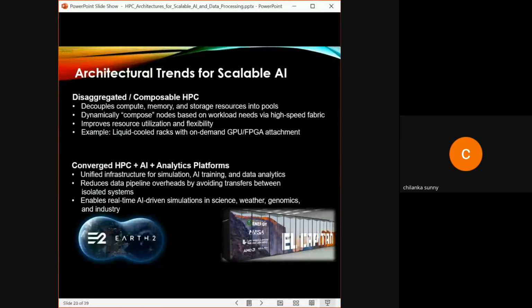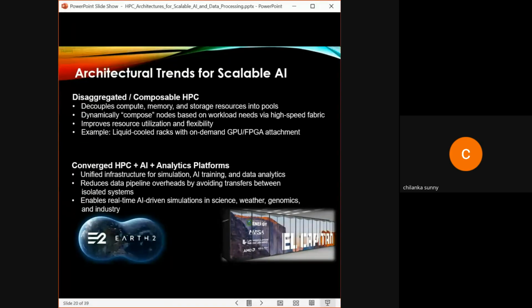Next is unifying or converging HPC, AI, and analytics together, which means we are collocating the simulation, the model training, and analytics on the same infrastructure. This removes the data egress and ingest overhead. Egress overhead is the overhead incurred in moving data out of a compute node, and ingest is the overhead in moving data into the compute nodes, in the case of distributed training.